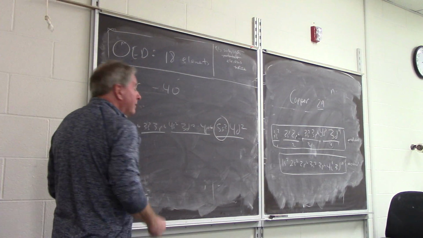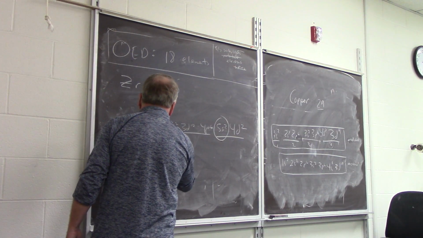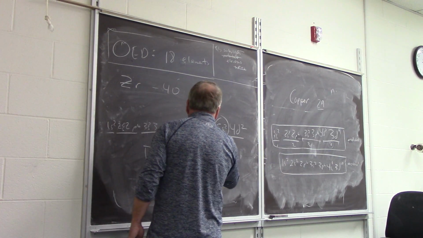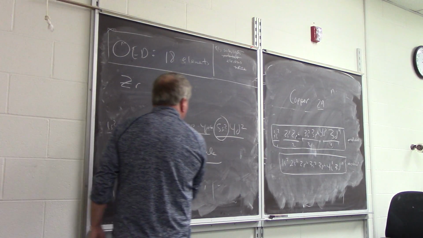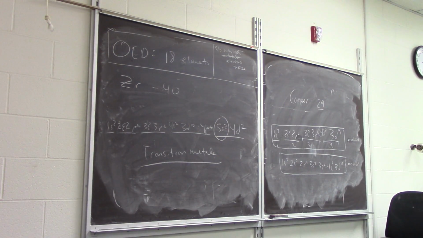The elements in the middle are called transition elements or transition metals, and their predicted valence shells will always be 2.